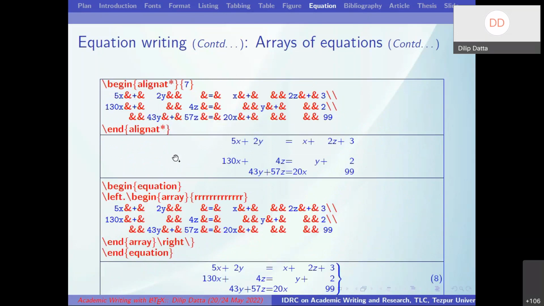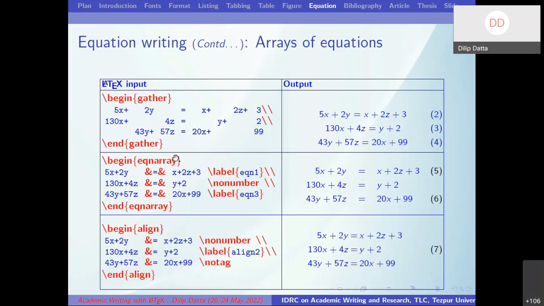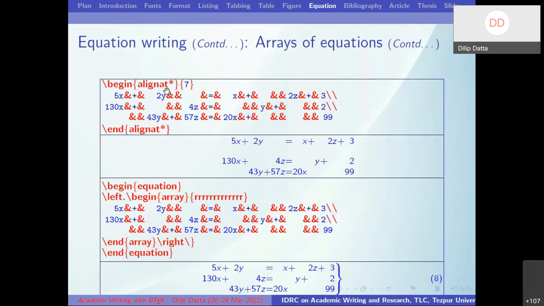Now here see what I showed in the previous slide. Here in the gather environment, I attempted to organize these equations about x, y, z by manual editing, but LaTeX did not respond. So that thing we can do using this alignat environment. For everything, say here, the first alignment will be made about the plus sign. So here these are done.